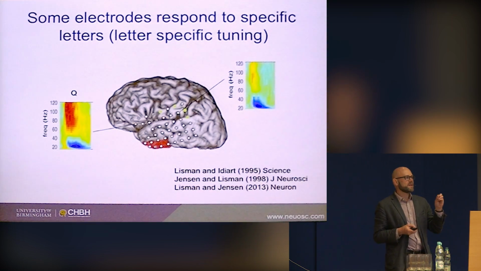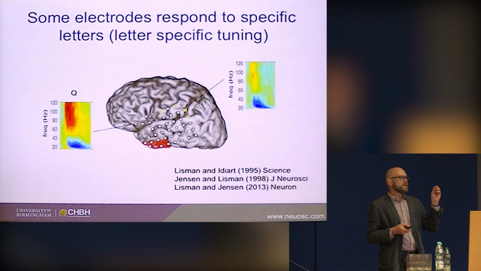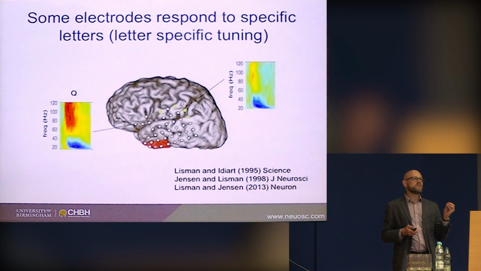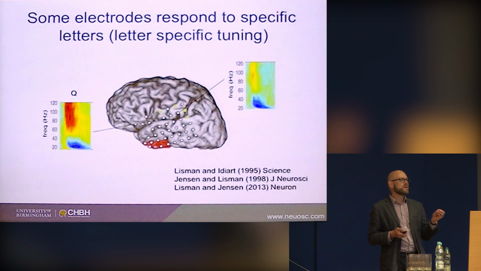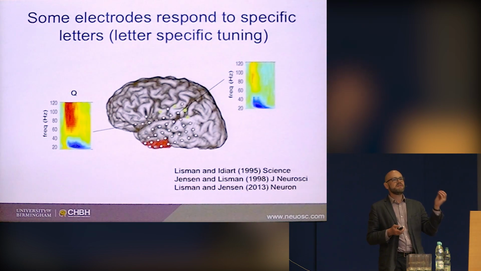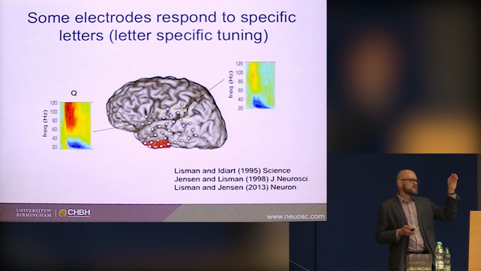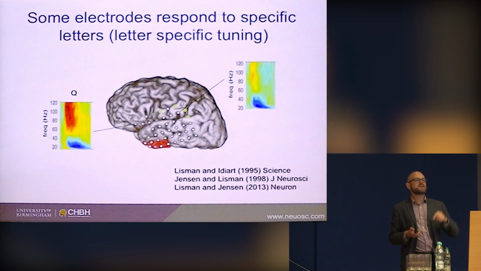But in fact, it turns out that there are these ECoG electrodes that respond quite selectively to specific letters, right? So this is good news when testing the working memory model, because now we can look at the representation-specific activation. So we can look at this broadband gamma activity in relationship to the phase of the ongoing theta alpha oscillations.